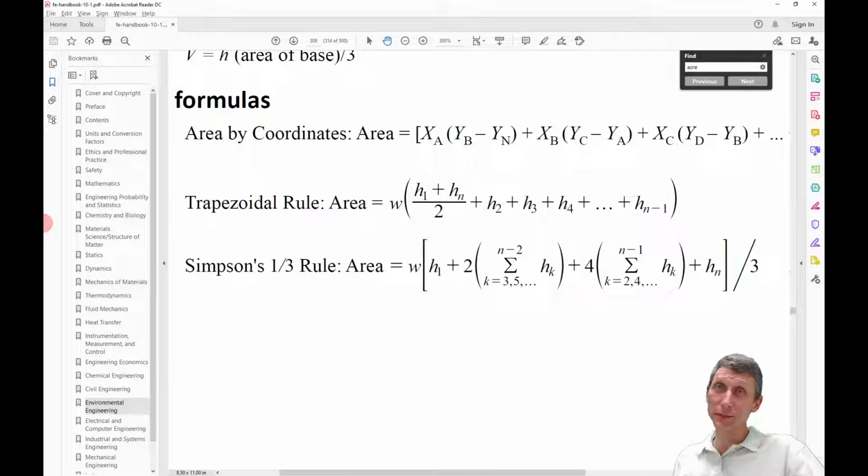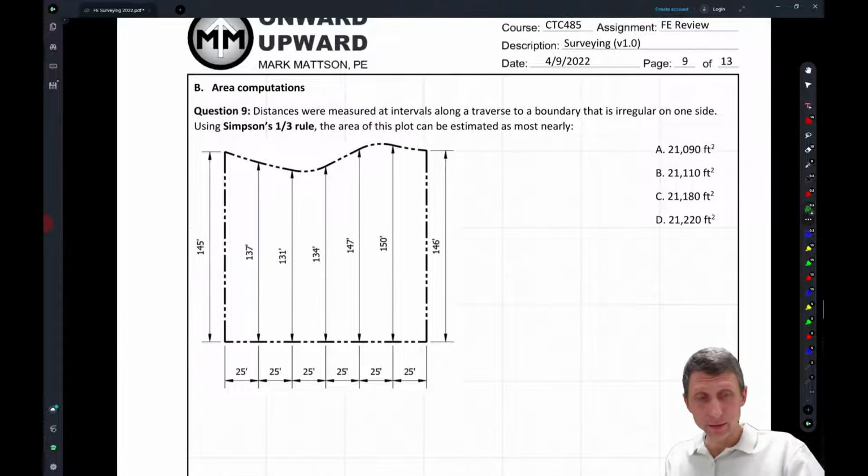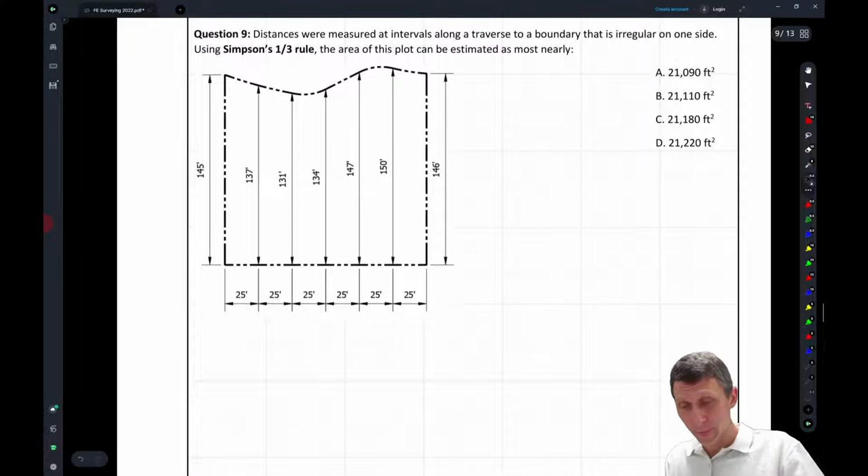So it is a little bit more complicated for sure, but it's not crazy more complicated. Let's take a look at what this looks like for this problem and see how it varies. Let me come back to my sheet, and I'm going to get this area, and this is Simpson's 1/3.